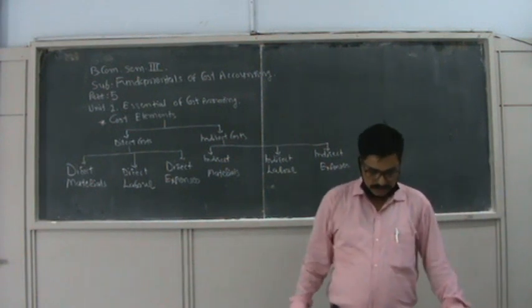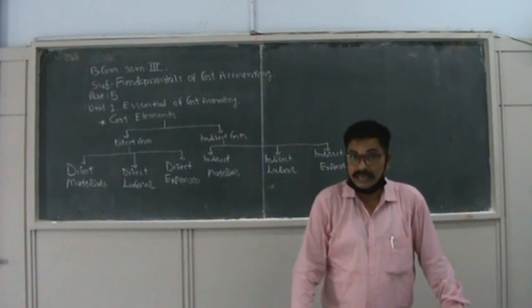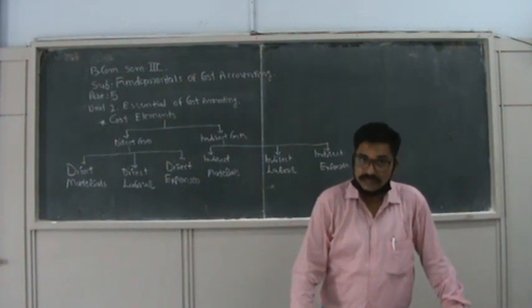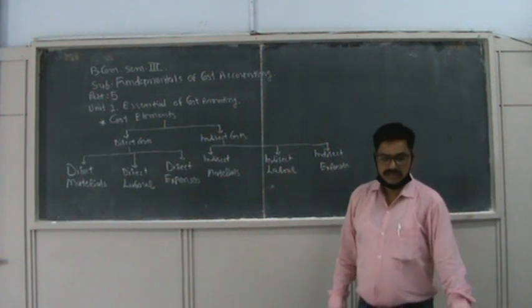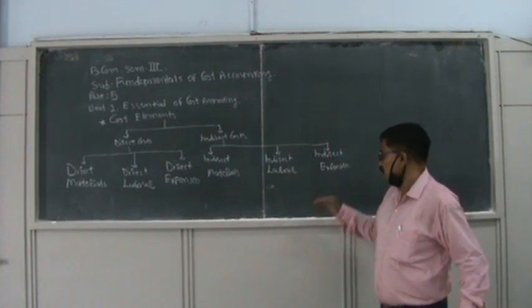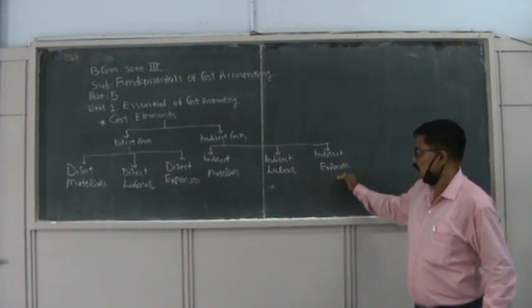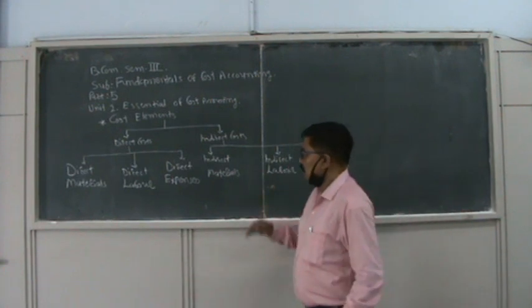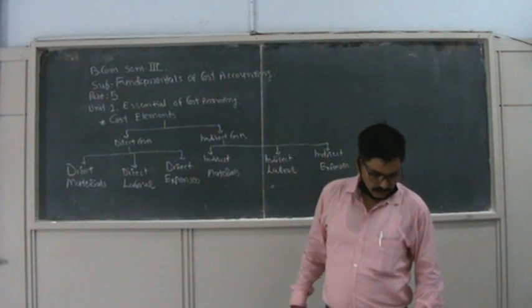Here we can give you examples: rent and rates, depreciation, lighting and power, advertisement, insurance, repairs, all these expenses are indirect expenses. So cost elements are basically direct cost and indirect cost.